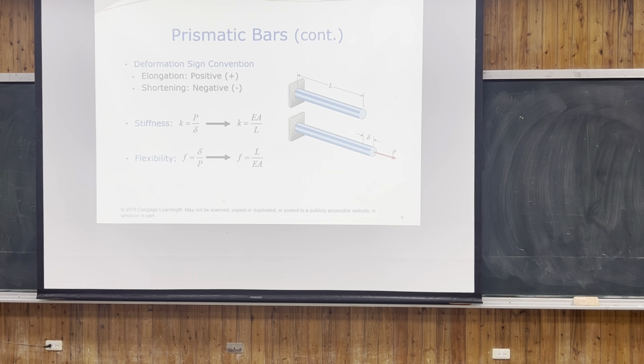So when your answer is negative, it means the rod is shortening. I would recommend you memorize this definition, or remember your own definition, so that when you have the answer, you will know whether it is elongation or shortening.